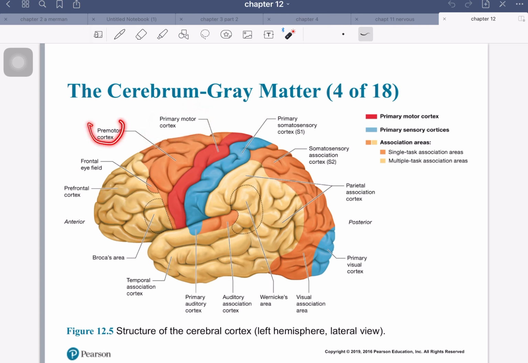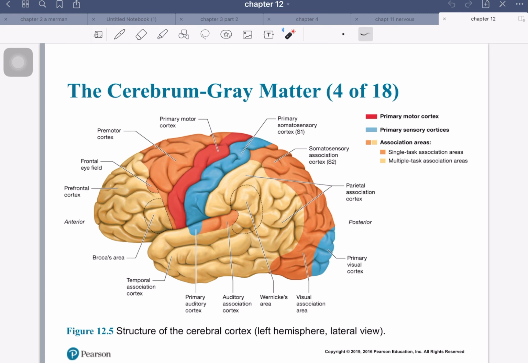And then we have an area right in front of the primary motor, which is the premotor cortex. And if we go behind the central sulcus, posterior to it, we have the primary somatosensory cortex.